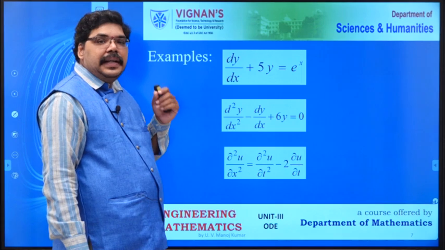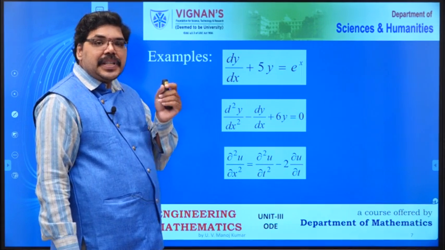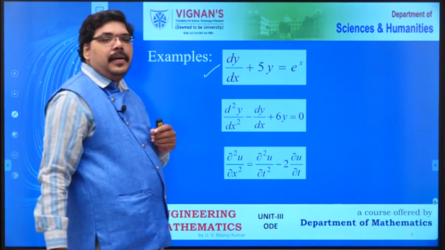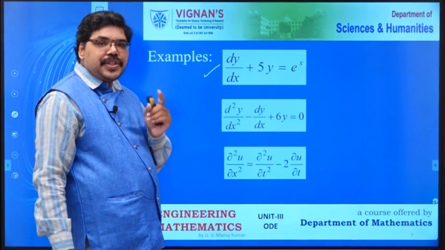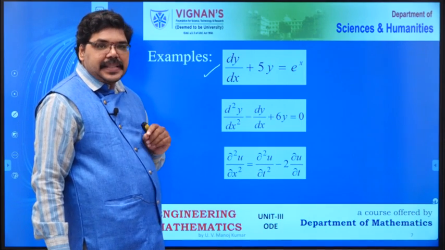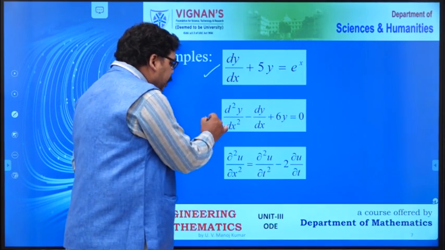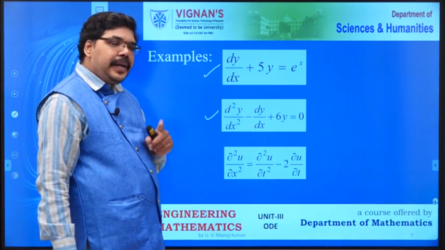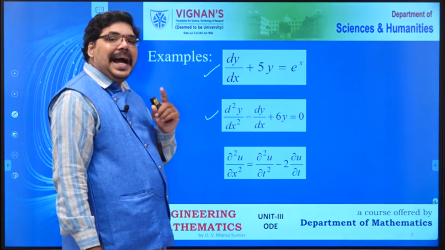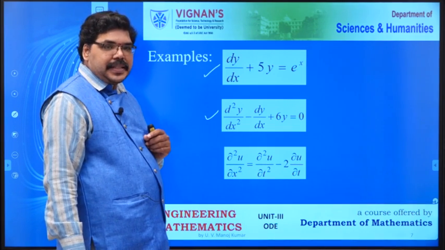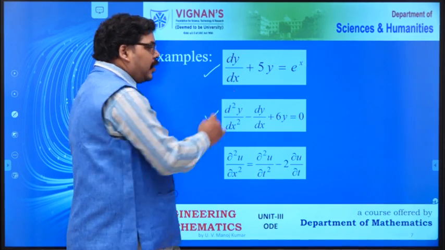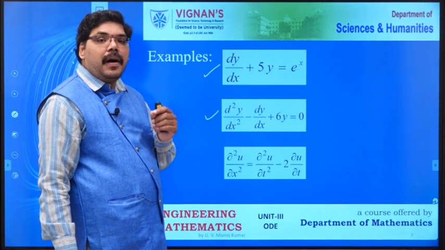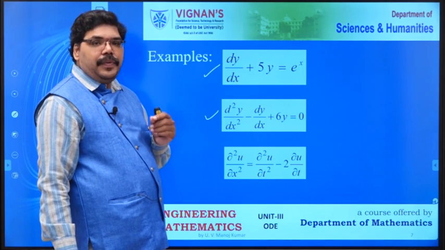Here dy by dx is a first order derivative. So, this equation involves the first order derivative dy by dx, whereas the second differential equation involves the second order derivative d square y by dx square and the first order derivative dy by dx. These two are ordinary differential equations. Why they are called ordinary differential equations, we will see.